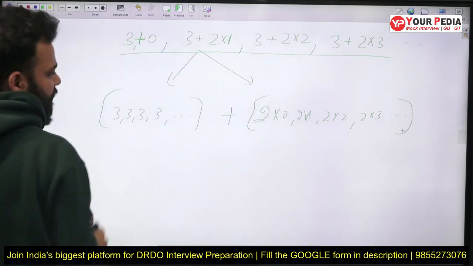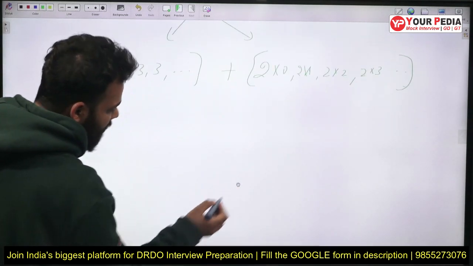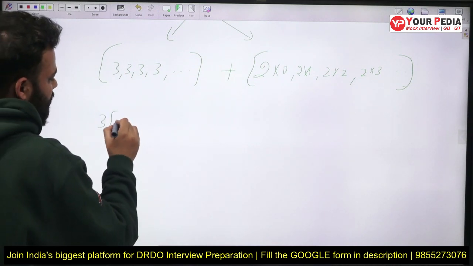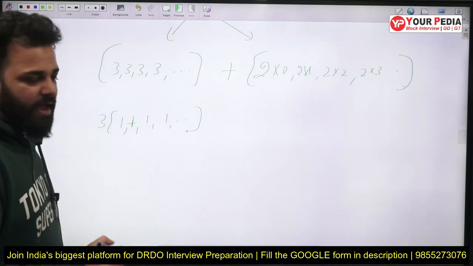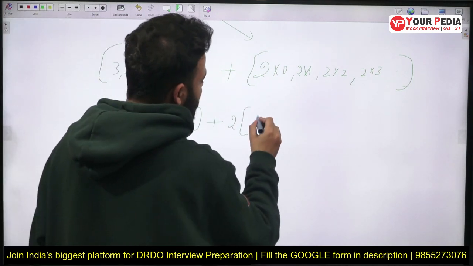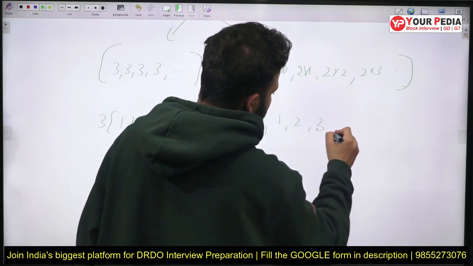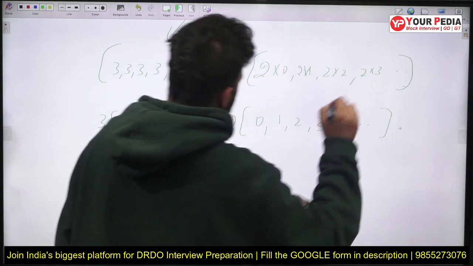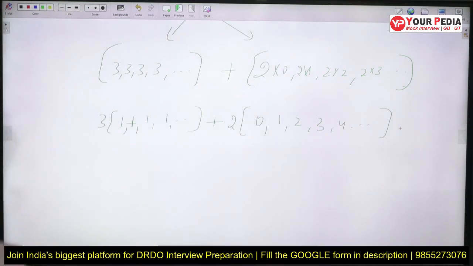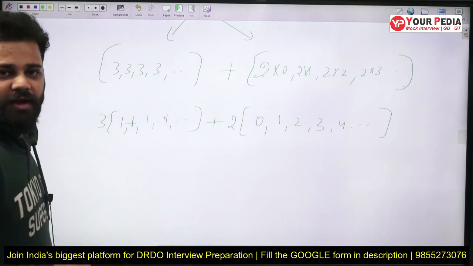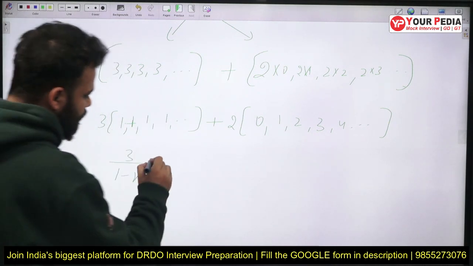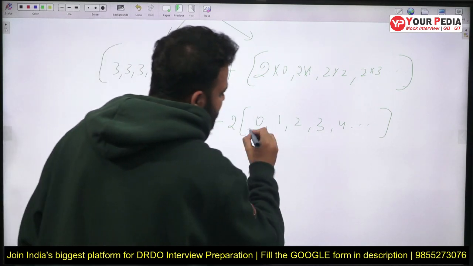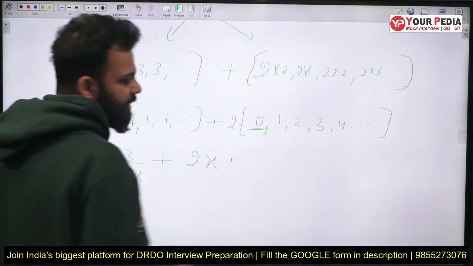If you expand this further and take some things common out of it, if you take 3 common out of it, it will give you 1, 1, 1, 1, 1 and so on. And if you take 2 common out of it, it will give you 0, 1, 2, 3, 4 and so on. Now 1, 1, 1 is the expansion of nothing but 1 over 1 minus x. Here you are starting with 0, so x will come here.